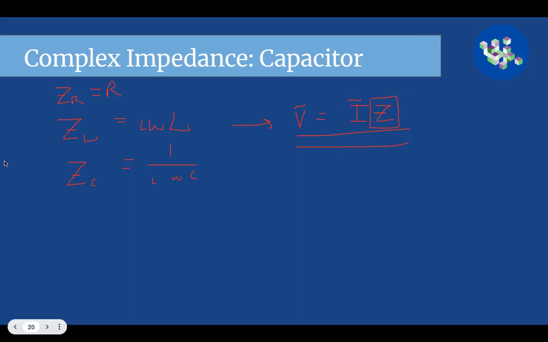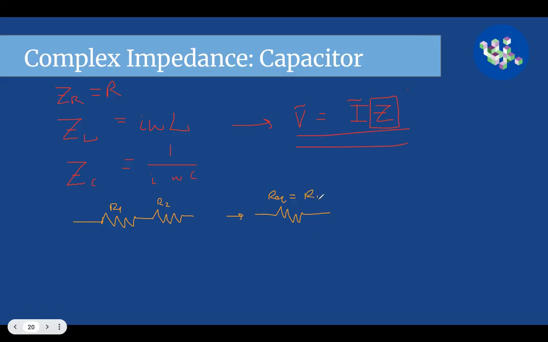Now, what's useful about this is remember how if we had two resistors in series, R1 and R2, the equivalent resistance, so I can replace it by one resistor with equivalent resistance equal to R1 plus R2.